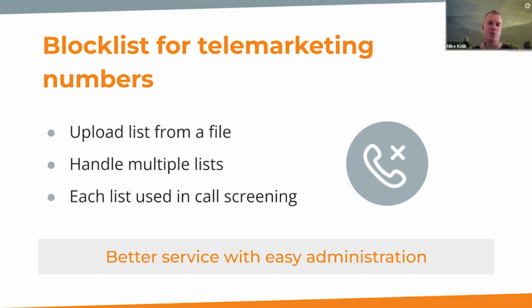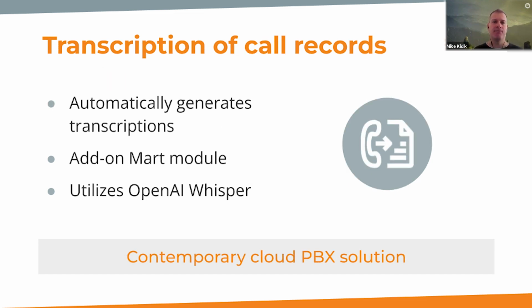And it's quite easy to configure because, as I said, you just upload the list once and set up the call screening rules. Of course, you can set up those rules for the customer, but the customer, through the Cloud PBX Portal, for example, can also set up these rules on their own. We do also provide an API method where these rules can be created in bulk for all existing customers, for example.